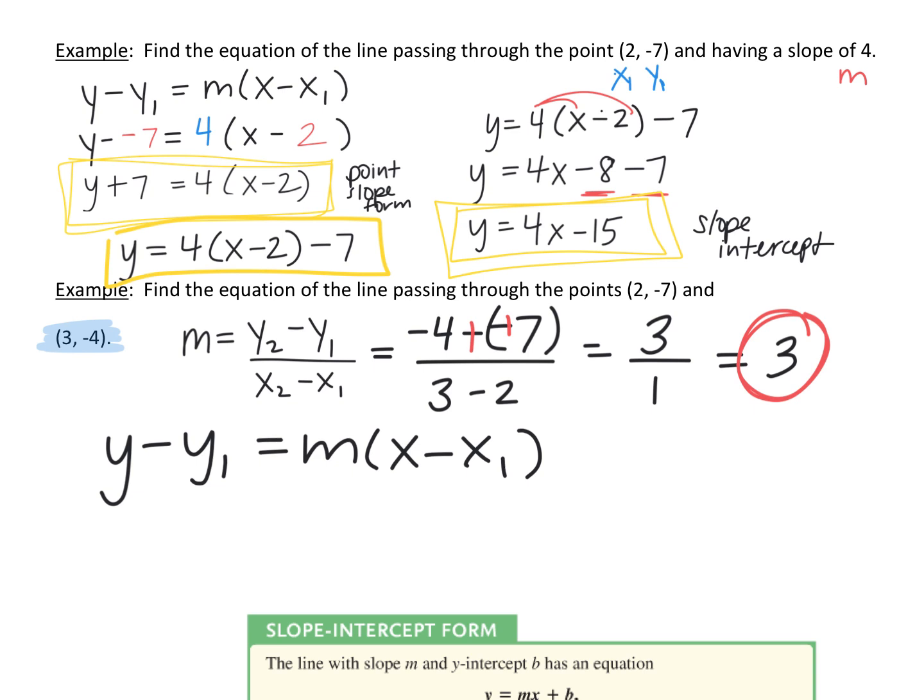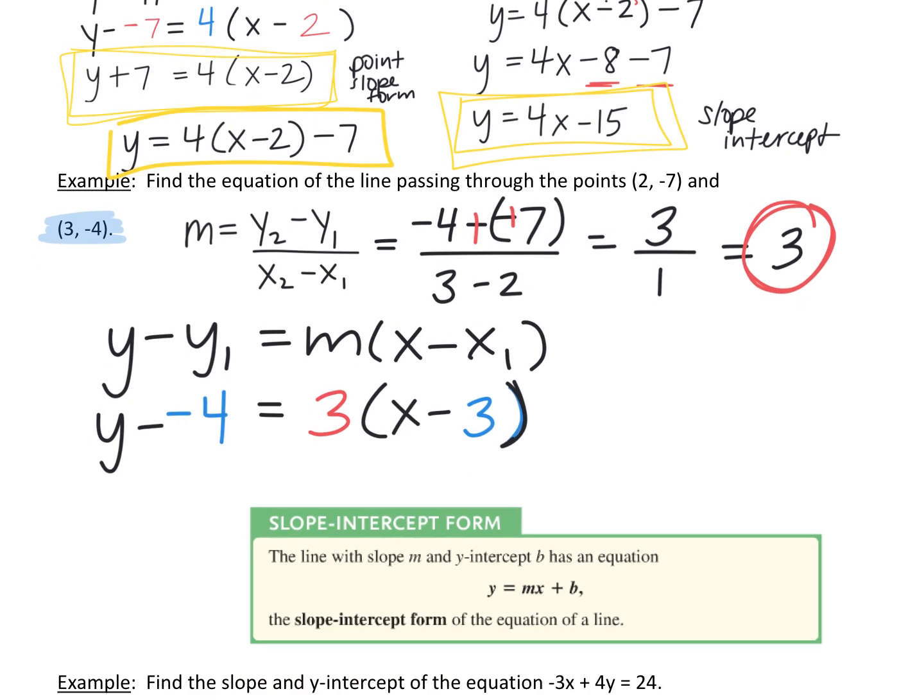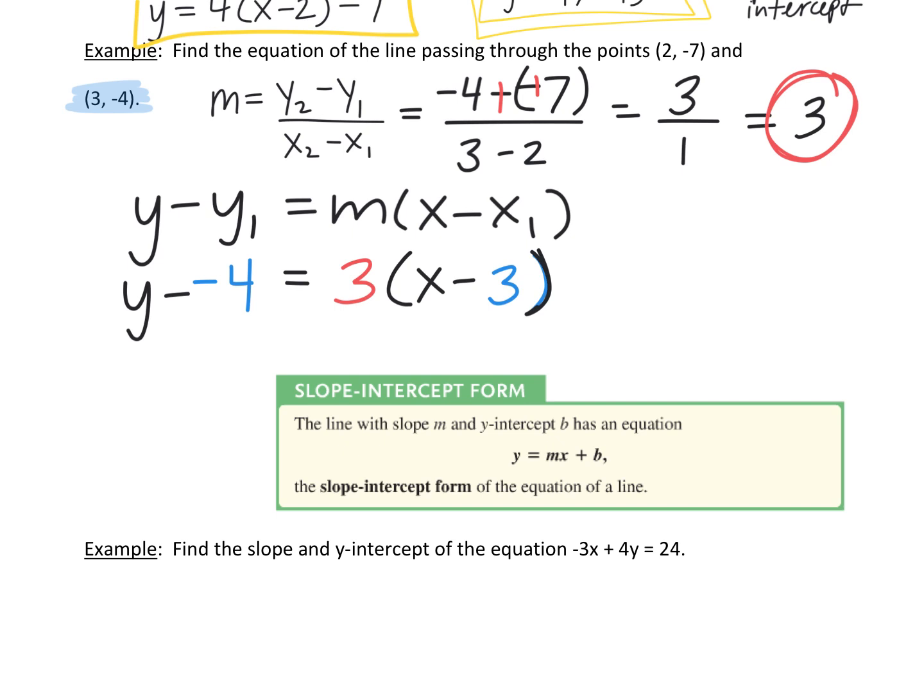Okay, if we plug in, it would be y minus negative 4 equals 3, x minus 3. Okay, this is almost good. How should I fix this? Yeah, we're going to change it to y plus 4. So I am not going to take it any step further here.